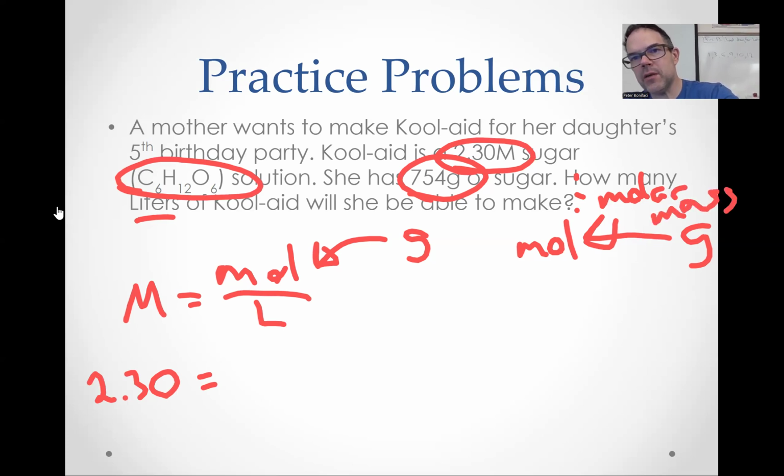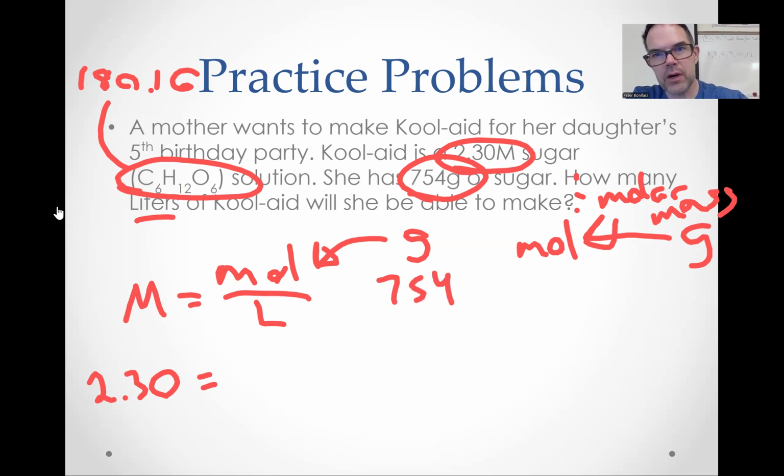So in this case, I'm going to look at the molar mass of this thing, and you could add it up yourself or you could Google it, but it ends up being 180.16. So to get the moles, you'll do 754 divided by the 180.